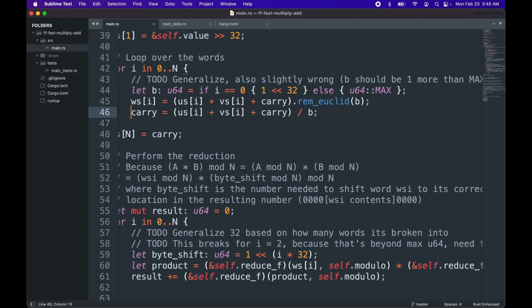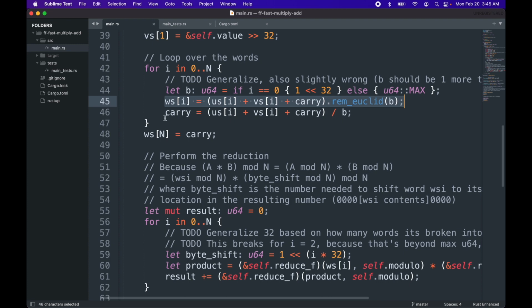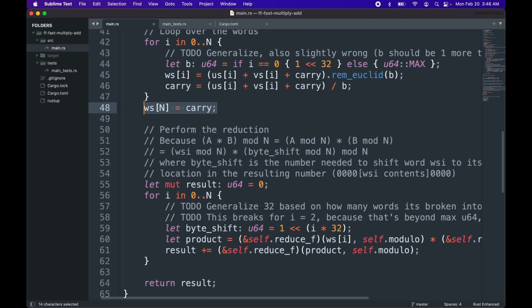And carry will either be 1 or 0. And I mean, the first time that we see it, it will be 0. But then as we do this more, you might have a carry bit come over. And then the very last word will be any carry from the highest order operation.